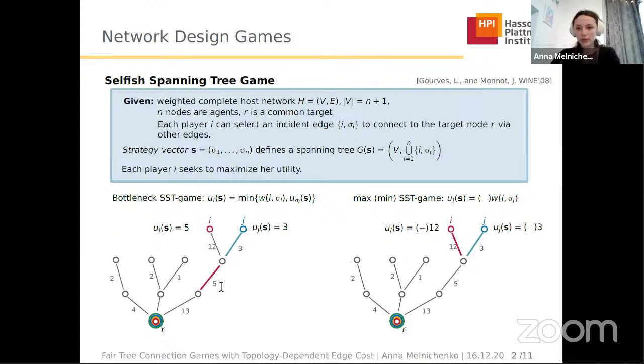For example, it can be the bottleneck of the path. Here the bottleneck is 5, so agent I has to pay 5, and agent J has to pay 3 because the bottleneck is 3 on the way to the root. Or it can be minus or plus the weight of the established connection.